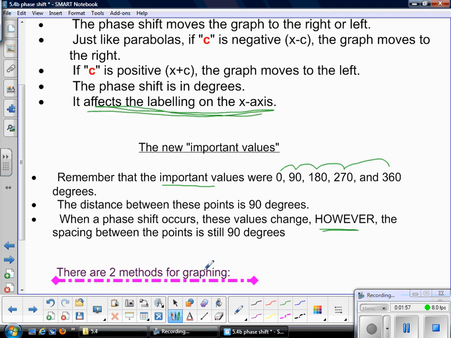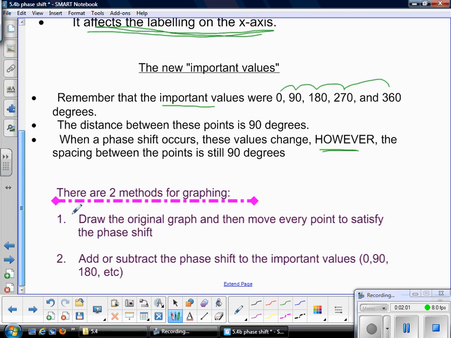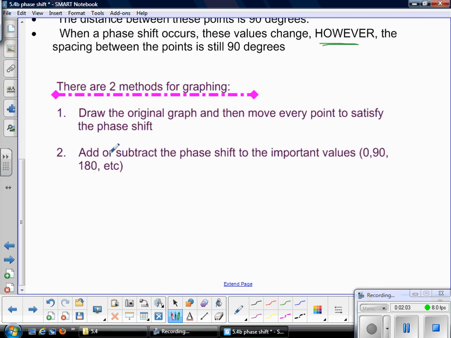Now, there's two separate methods for graphing. I can do it both ways. I usually teach one way over the other just because I find it easier for students. So one way is you draw the original graph and then move every point. Okay, so that means you would actually draw two graphs.